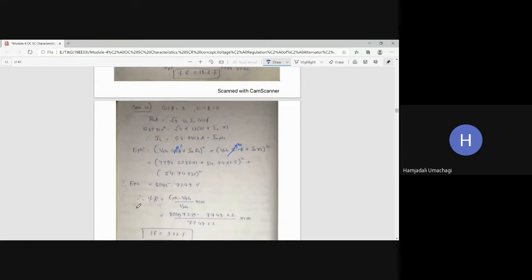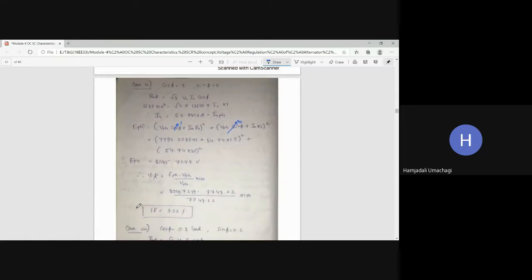All of you are getting the same answer. 8045.73. It's okay, no problem. That much error is acceptable. So here the answer for EPH is 8045.7249 volts.